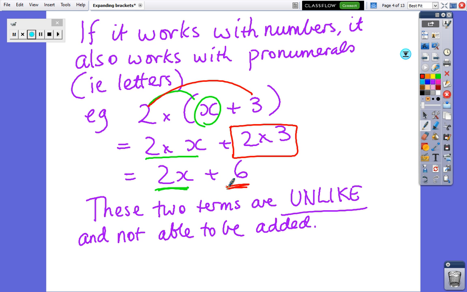And that's the answer, 2x plus 6. These two terms are unlike, because one's got a pronumeral and one's a number, so we can't add them, we can't simplify, so the answer is just 2x plus 6. You might want to copy that down. Okay, so this is the start of the theory. So 2 times (x plus 3) equals 2x plus 6. Okay, when you're ready, come to the next slide.